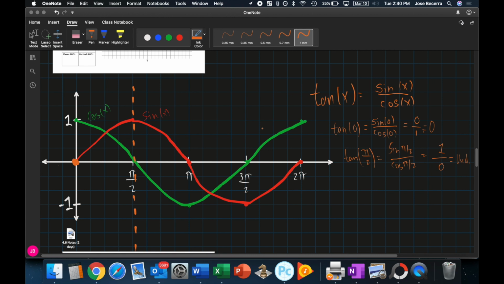Anytime cosine of x equals 0, tangent of x has an asymptote. So we can actually look at the graph of cosine and notice that, look, at 3 pi over 2, there's going to be another asymptote.